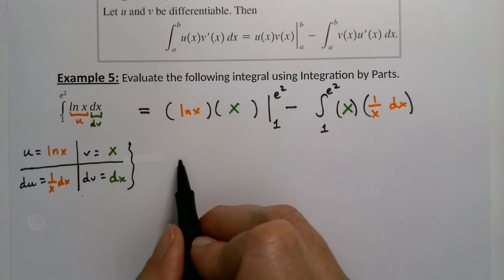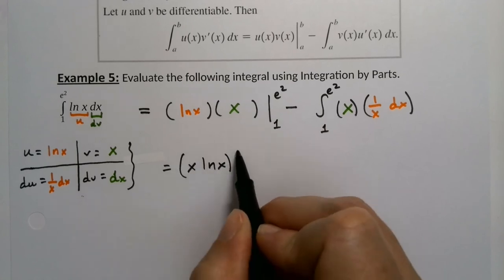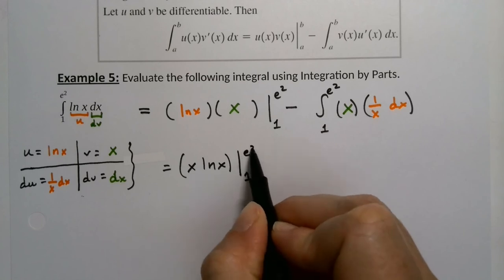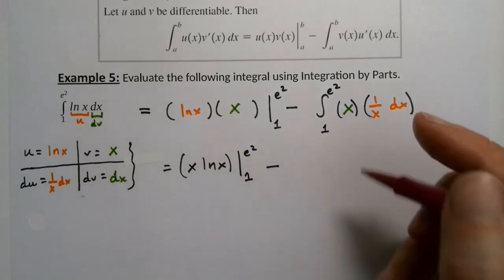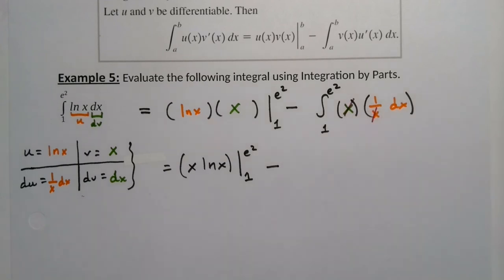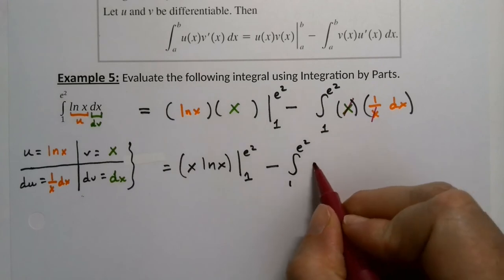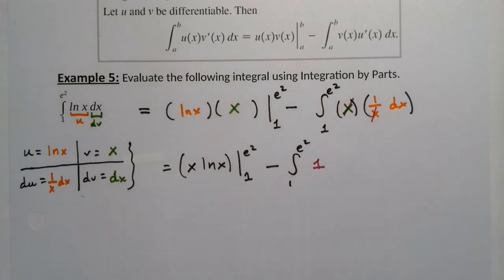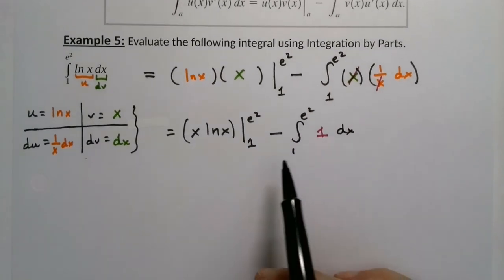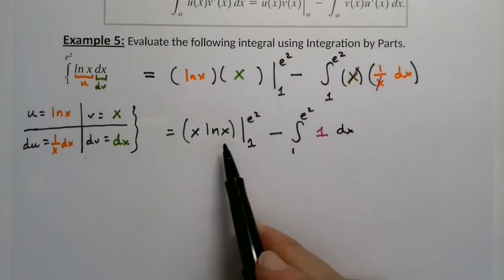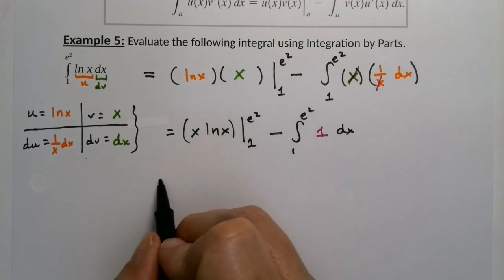Okay, so this is x natural log of x. I'm going to take that from 1 to e squared minus, okay, over here, x times 1 over x is just 1. So I'm going to take the integral from 1 to e squared of 1 dx. Now, if they end up being very different, you can always do each of these separately, but my limits of integration are actually the same numbers, so I'm going to keep going.